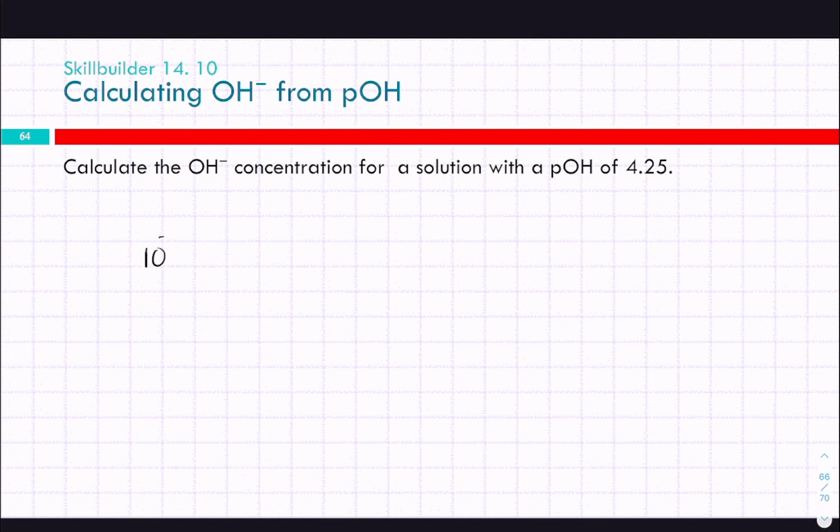just like we did, 10 raised to the negative pOH is OH minus concentration. So 10 raised to the negative 4.25 equals 5.62 times 10 to the negative 5.